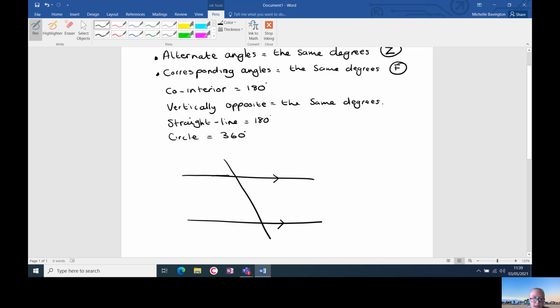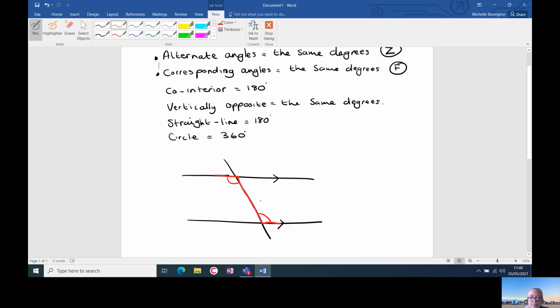Let's do a red Z. So that one there and that one there will be the same. Within that Z are your alternate angles: one along the top of the line and one towards the bottom of the line.